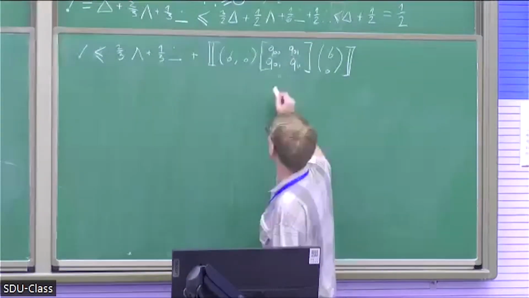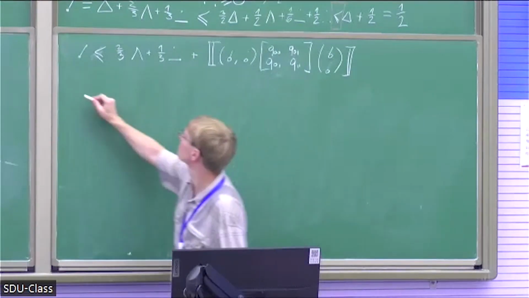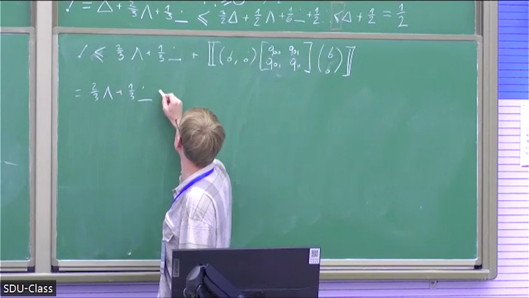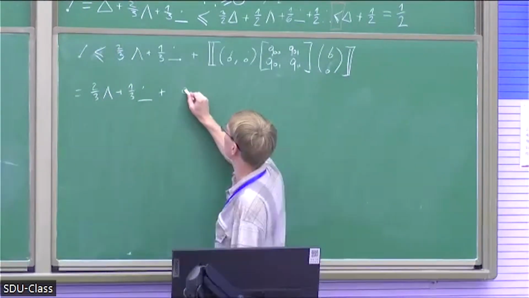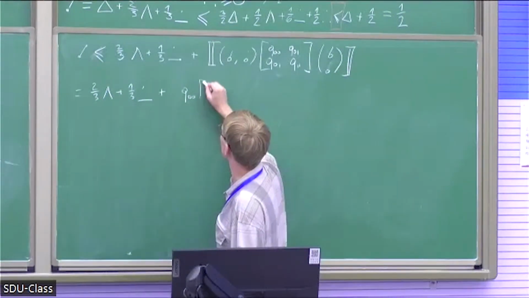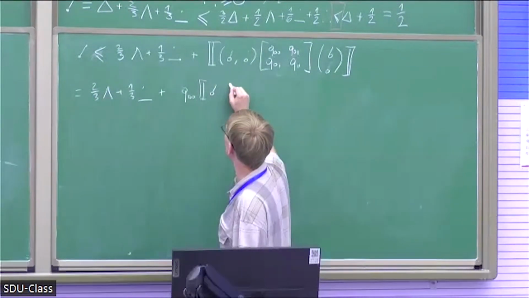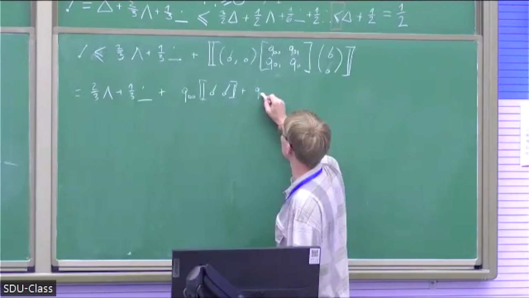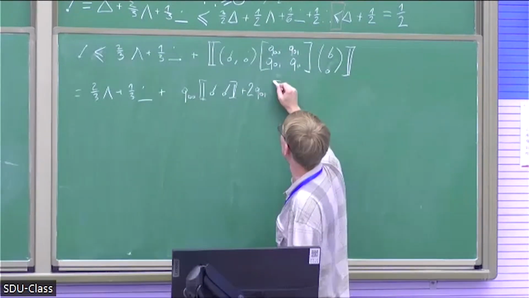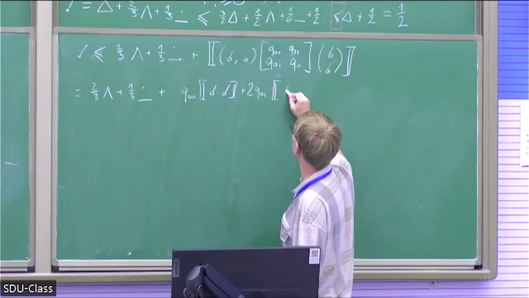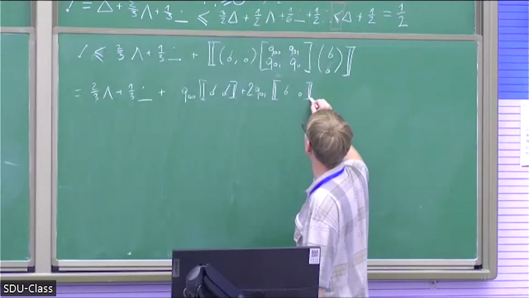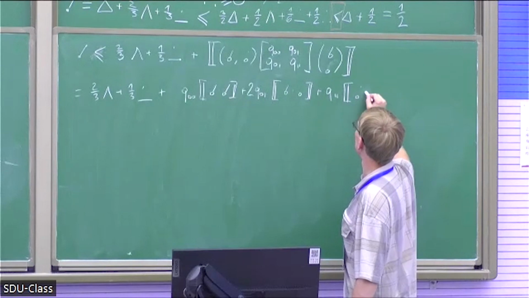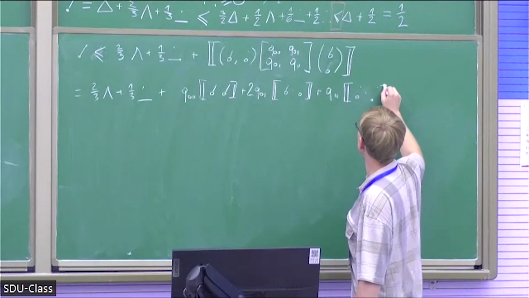So let's see what this is. Let me repeat this. Now I have Q00 times averaging of this multiplication plus 2 Q01 averaging this multiplication and Q11 with the remaining one.